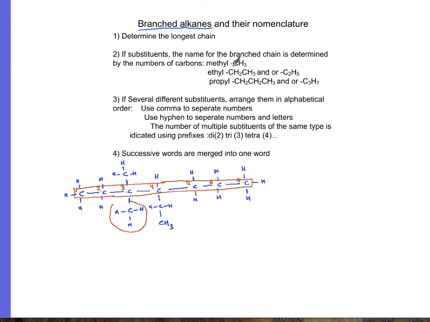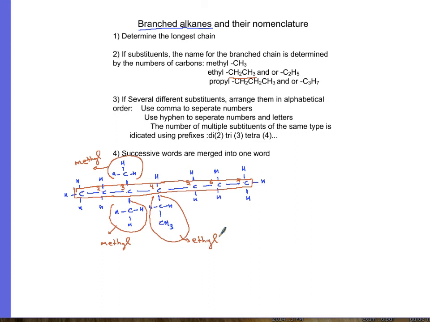If it's from a methane, if you have only 1 carbon, this is known as methyl. You have another identical branch on top, it's another methyl. Then there is a branch on the 4th carbon and it's a C2H5. It's an ethyl.